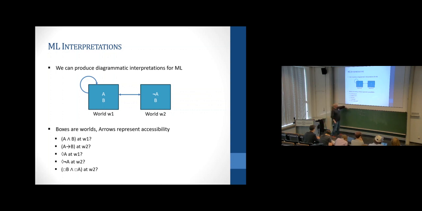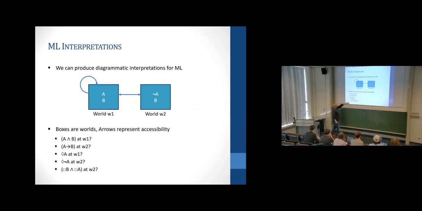So here's another good one. Is this sentence true at 2? Well, let's think. What's the main operator of this sentence? It's a conjunction, right? Does everybody see it? The main operator is our conjunction.